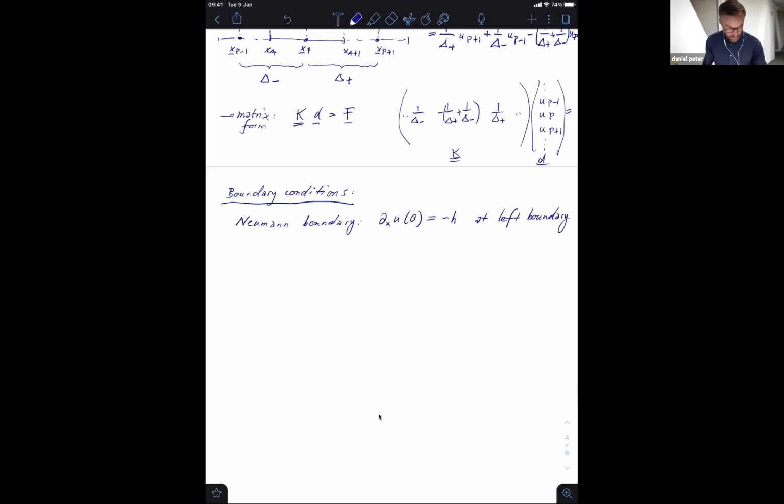Let's look at that cell where we had the very first cell, basically, the left boundary. Let's call it x0 and x1. And then we would have a neighboring cell at xp plus 1. See, we don't have the neighbor on the left anymore, because this is our boundary.